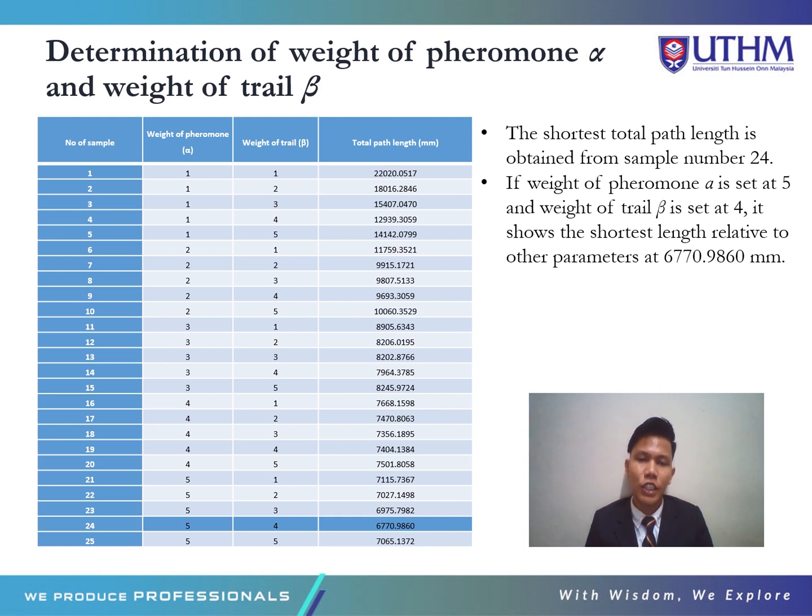It's clearly shown that the shortest tool path length is obtained from sample 24, where the weight of pheromone is 5 and the weight of trail is 4. This is the shortest relative to the other parameters, at 6770.9860 mm.